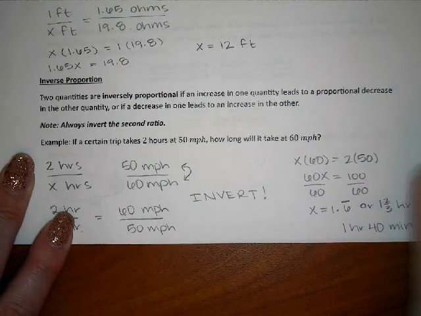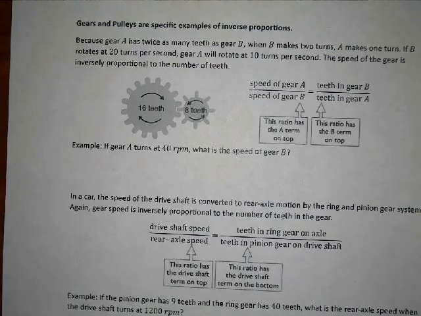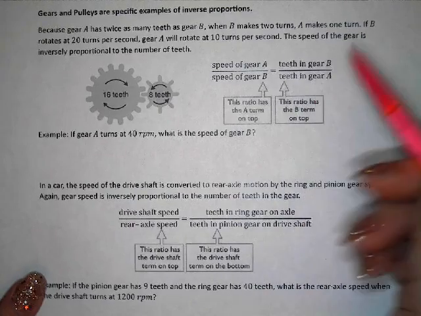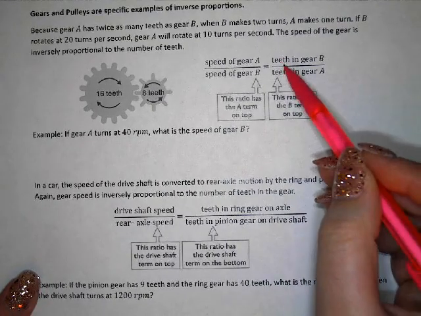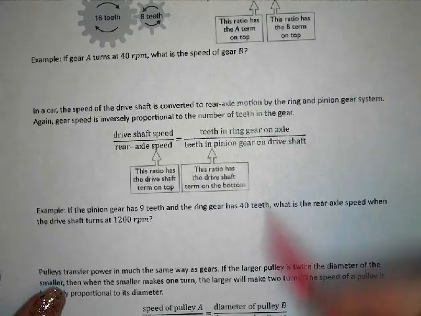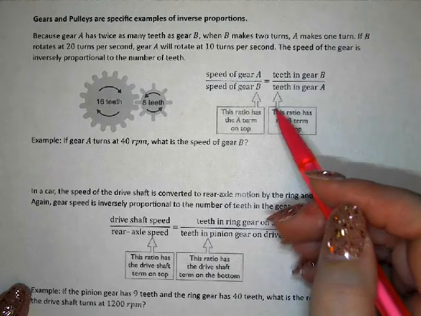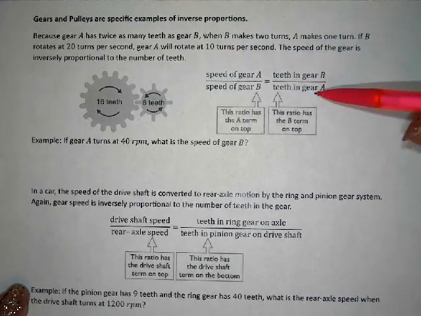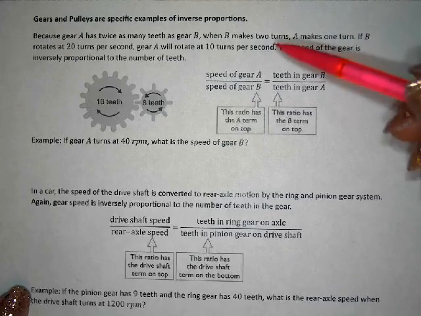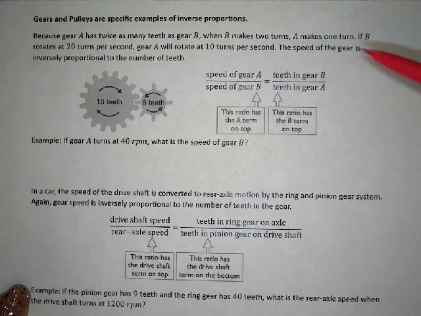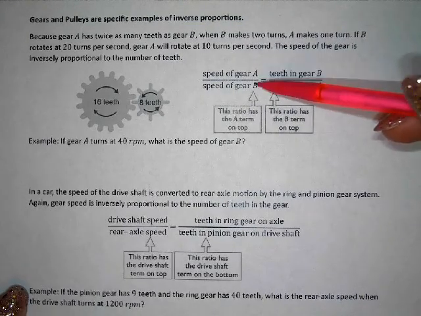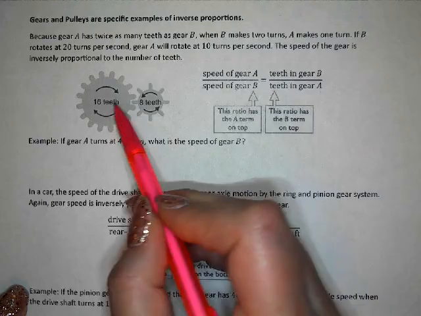So here are some other popular inverse proportions, and with these they gave us specific formulas in the textbook, and so with these we don't have to worry about inverting the second ratio, because if you pay attention, they inverted it for us. So here they're comparing speed with one ratio and the teeth of a gear with the second ratio, but instead of doing A over B, where you have gear A and gear B, they've already inverted one of them.